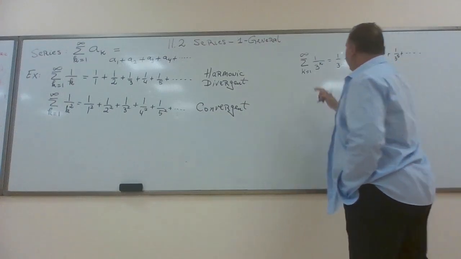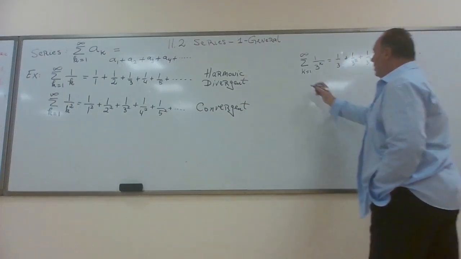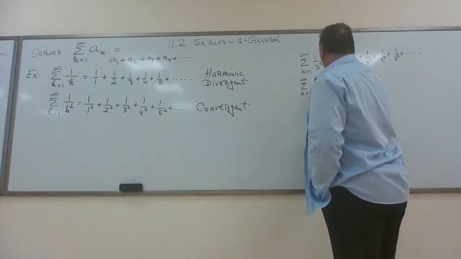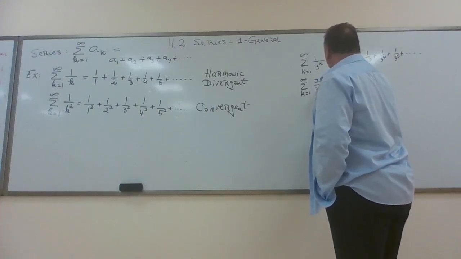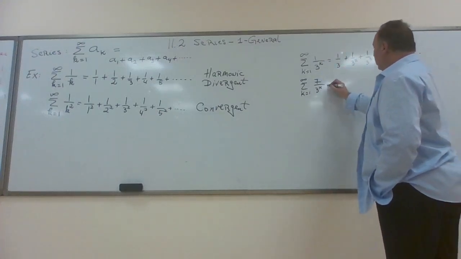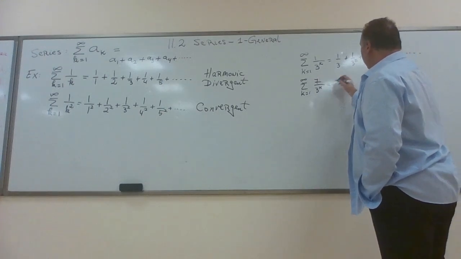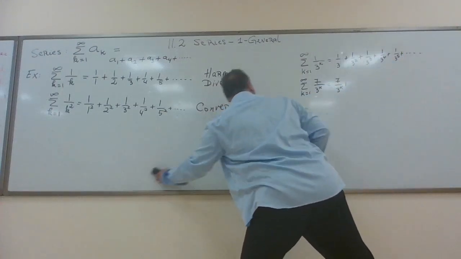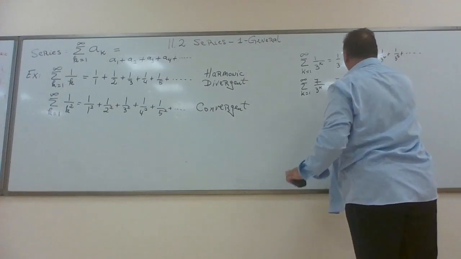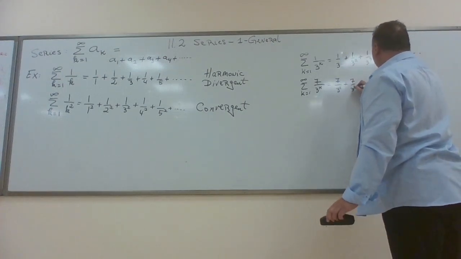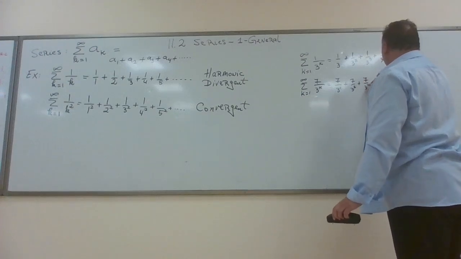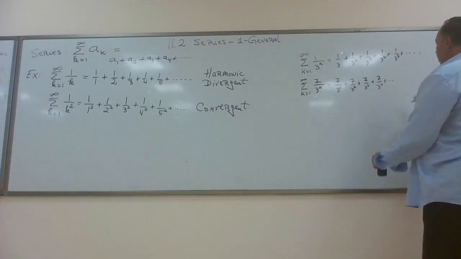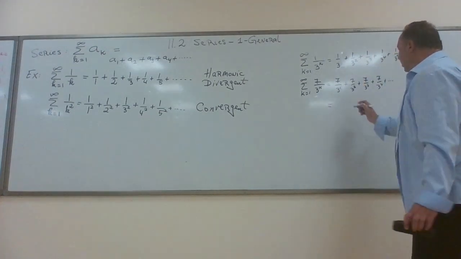Right? If I multiply this series by a number, let's say if I have a series 7 times 1 over 3 to power k, so this seems similar. 1 plus 7 over 3 to power 2, 7 over 3 to power 3, 7 over 3 to power 4, etc. So obviously we see that we can factor 7.